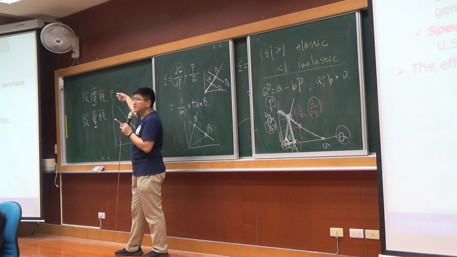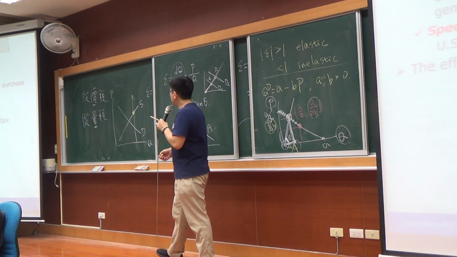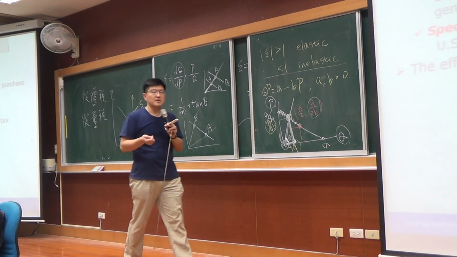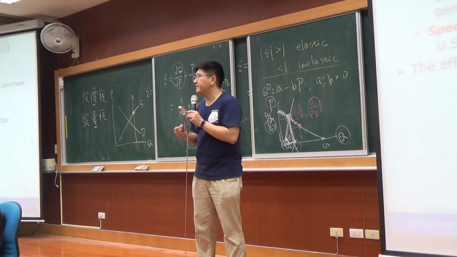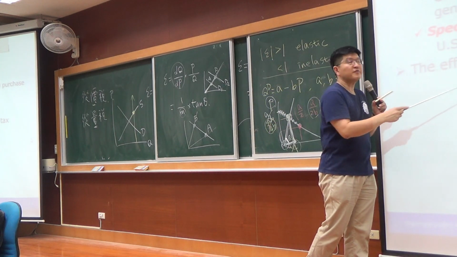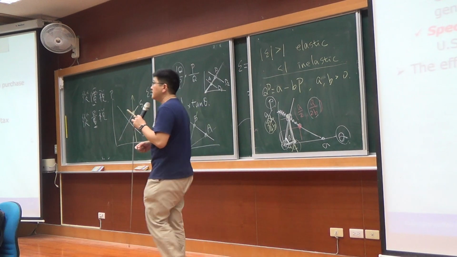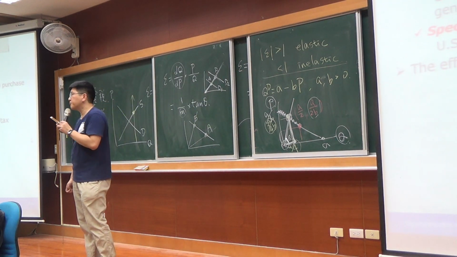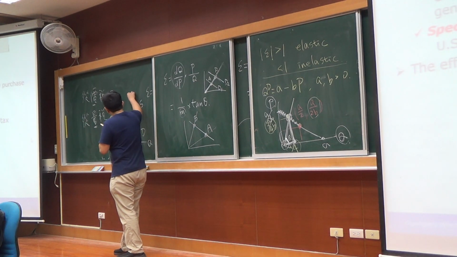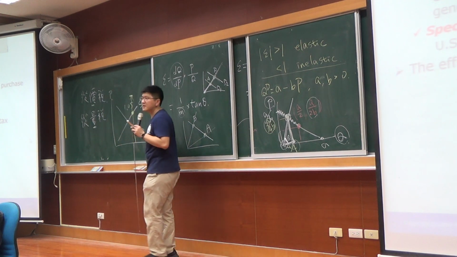Okay? Now, the government says, all right, if you are selling something, if you have a deal with some consumer, and if you sell your item, you have to pay an extra tax, which is 1.05. So now you will raise your willingness to sell by 1.05. Is that right?